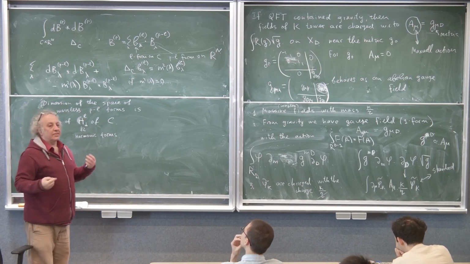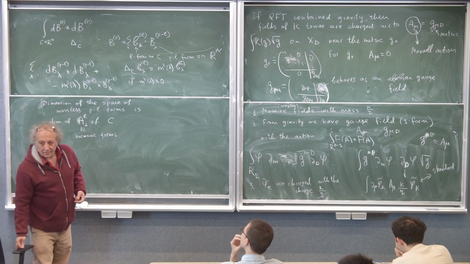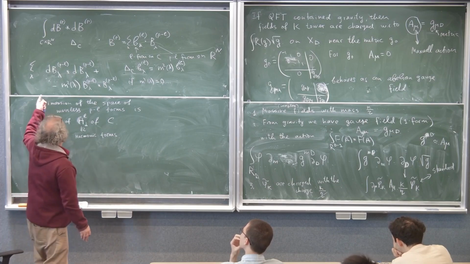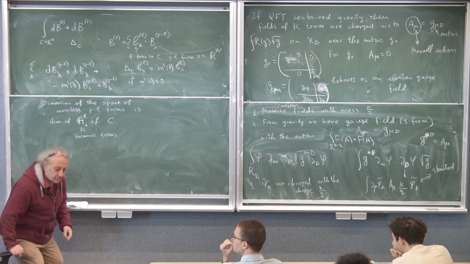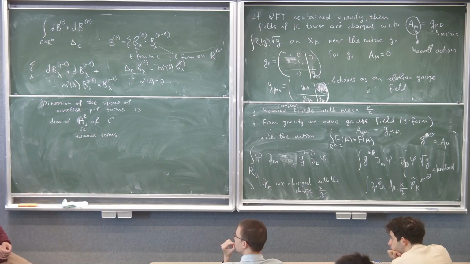What is the physical meaning of it? When I compactify on a manifold C, its harmonic forms or its cohomology correspond to massless fields in R^n.